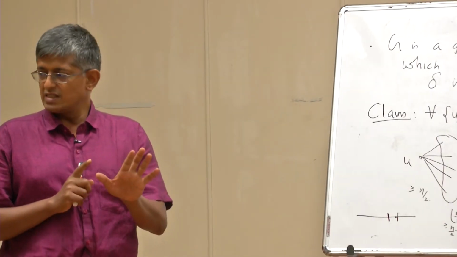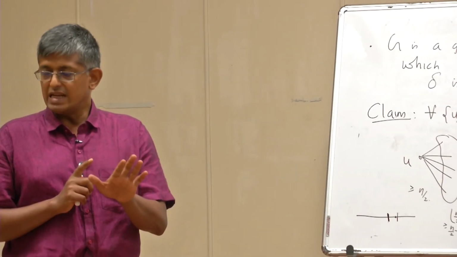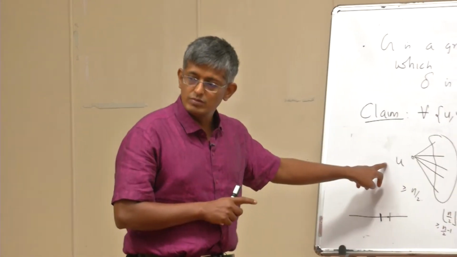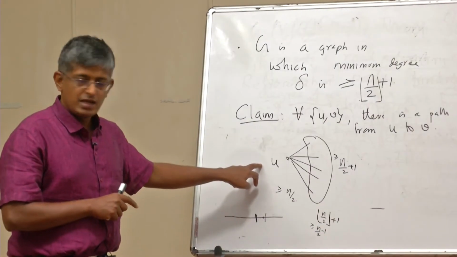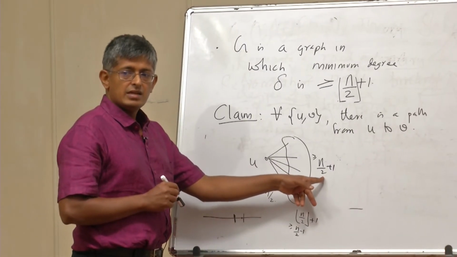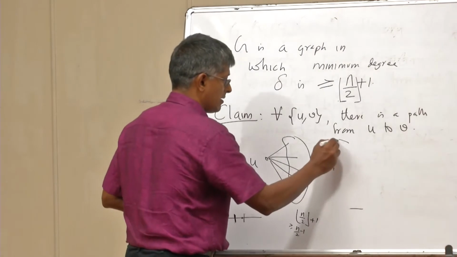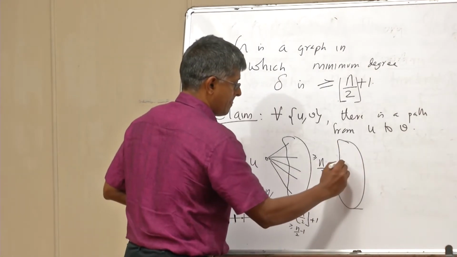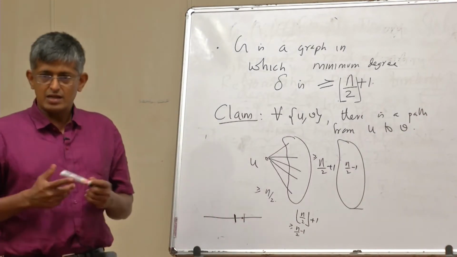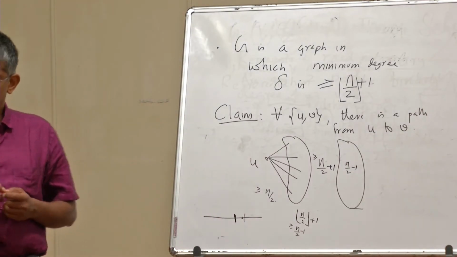The total number of vertices you would have counted now is at least n by 2 plus 1, including this particular vertex u. Now you look at how many vertices are remaining: at most n by 2 minus 1, because there are only n vertices in the graph.